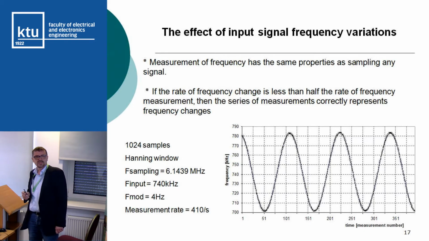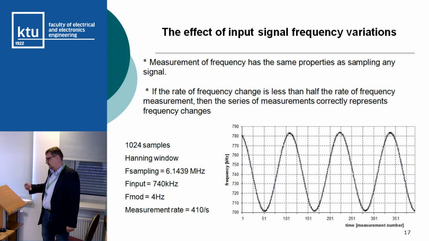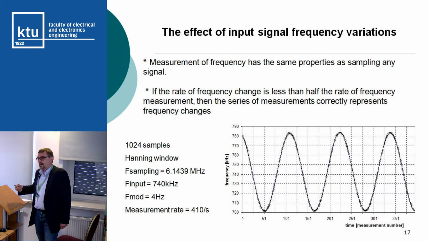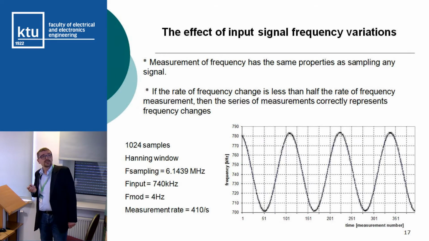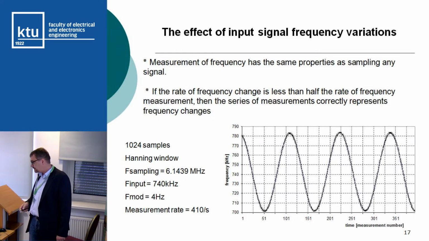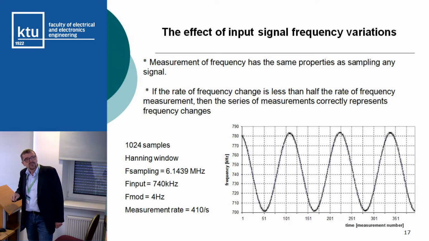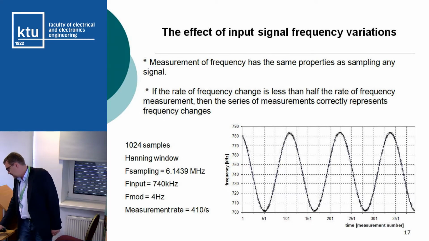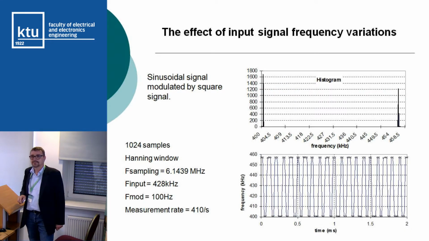But it can be easily seen that if we have a sampling frequency, it behaves like sampling anything else, and it must obey the Shannon-Nyquist theorem. So if we have a small rate of change of frequency, we simply see it in the set of measurements.